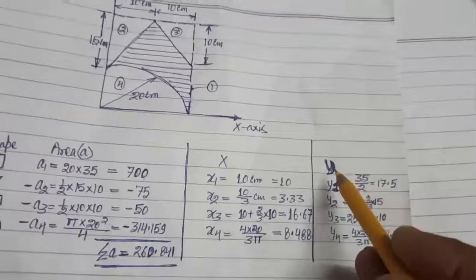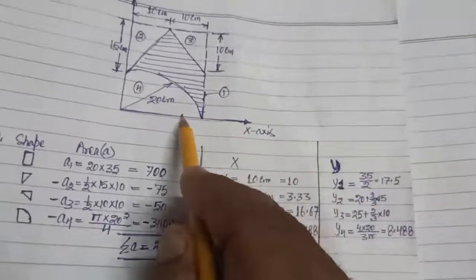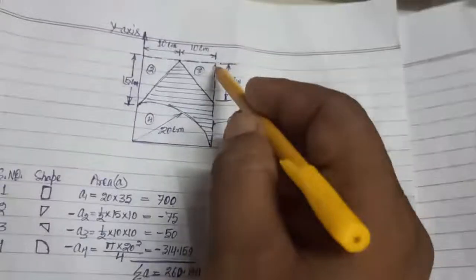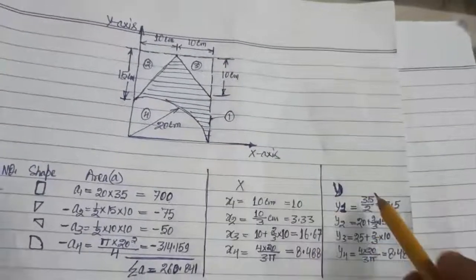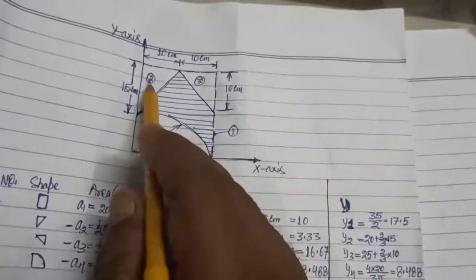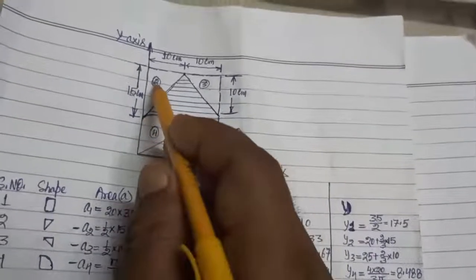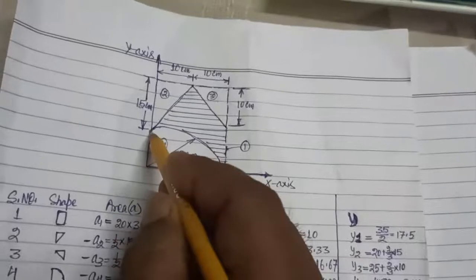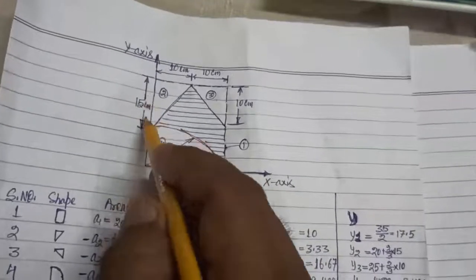Now similarly y is from the x-axis. For this rectangle, this side is 35, so from here it is 35 by 2, equal to 17.5. For this triangle, the distance is this radius plus 2 by 3 of 15.